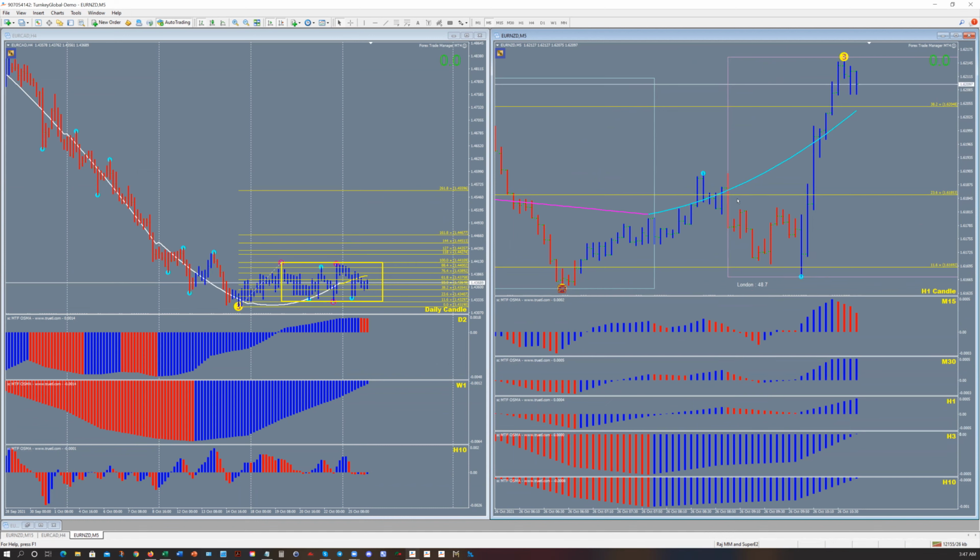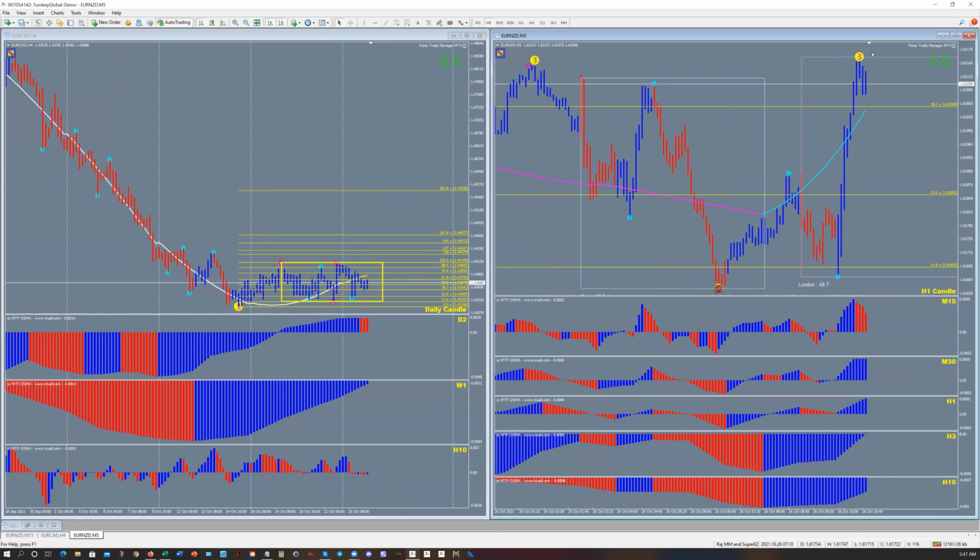If I take a short here, I'm going against a 4 hour swing. If I'm going against a 4 hour swing, am I anticipating a lot of pips? Yes, no, maybe. Yes, it's logical. I'm not anticipating too much.